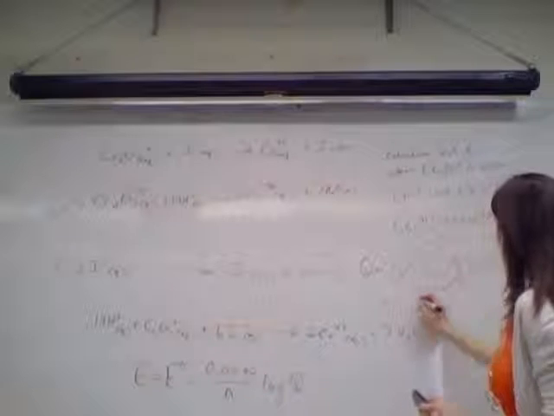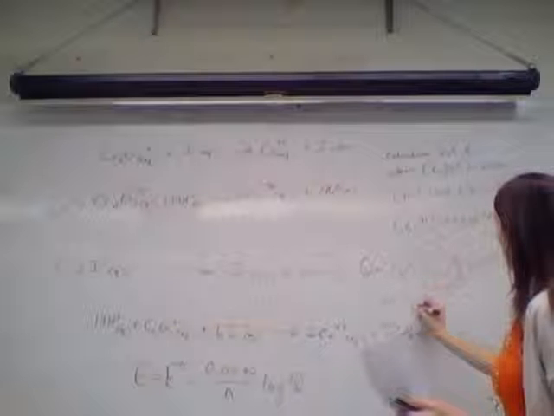Okay, so plugging in, it'll be off the screen if I plug in, but I've got the chromium-3 on the top here, so that's 1 times 10 to the negative 5th, that's squared. Then I've got H plus is 1 molar to the 14th. I've got the dichromate is 2 molar, and then I've got the iodide is 1 molar, and of course that is going to be to the 6th, but that doesn't really matter.